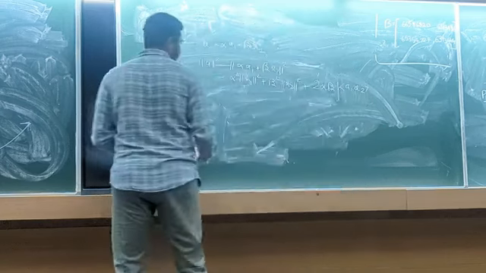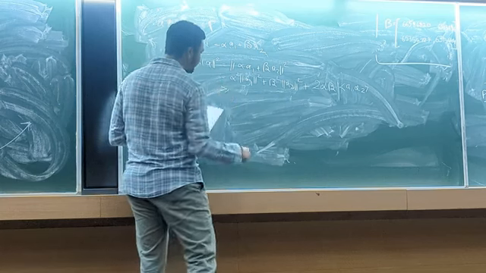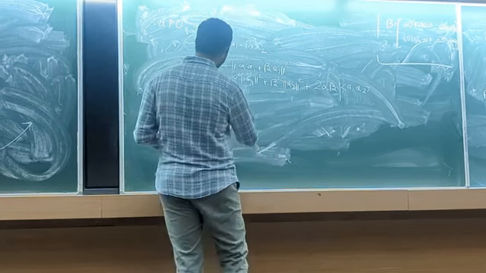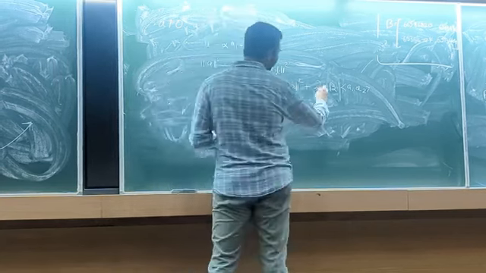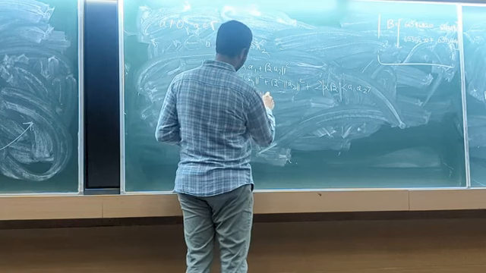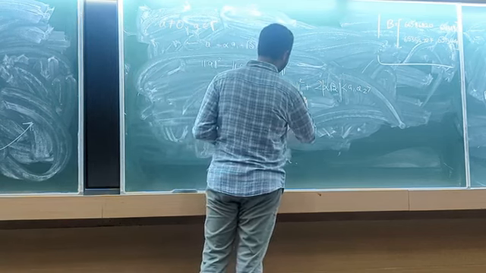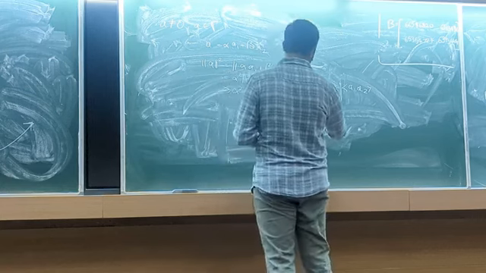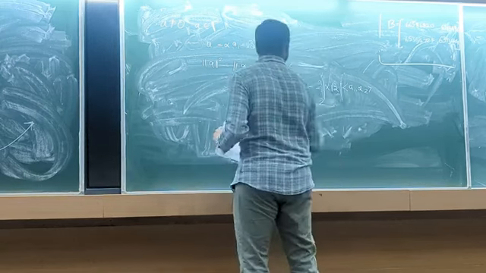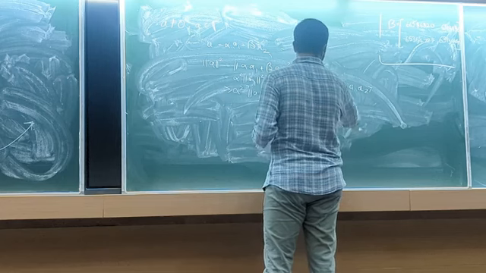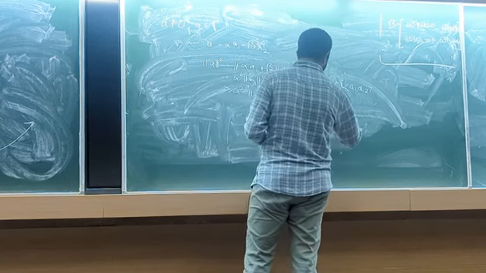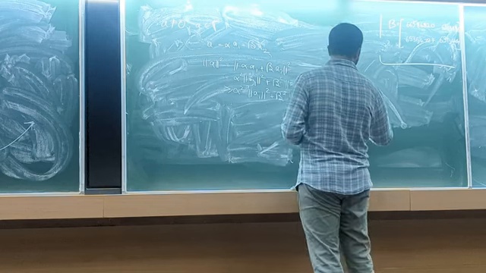Now this will always be greater than or equal to the following quantity: alpha squared A1 squared plus beta squared A2 squared minus 2 mod alpha beta times the mod of the dot product.